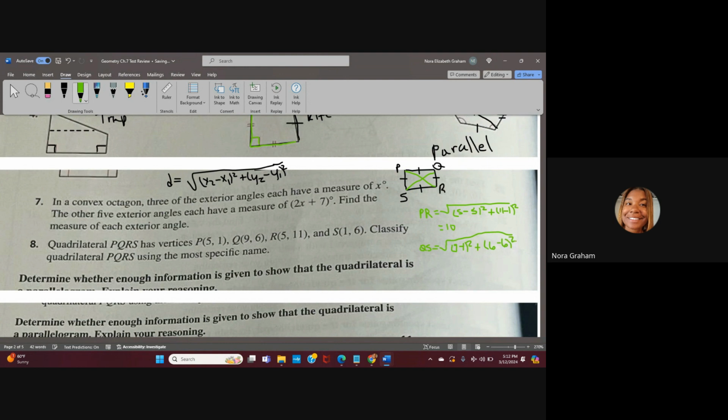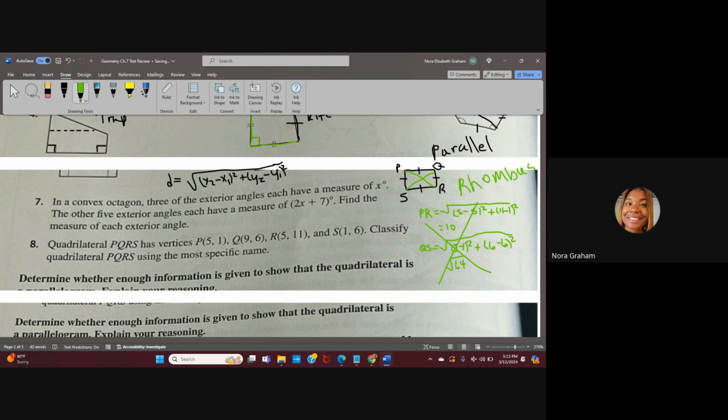Do the algebra on that. All you're going to get is, what do we get? That's 8 squared, square root of 64. You're not going to get 10, okay? So these are not going to be equal. So that means we're just going to have a rhombus, okay?